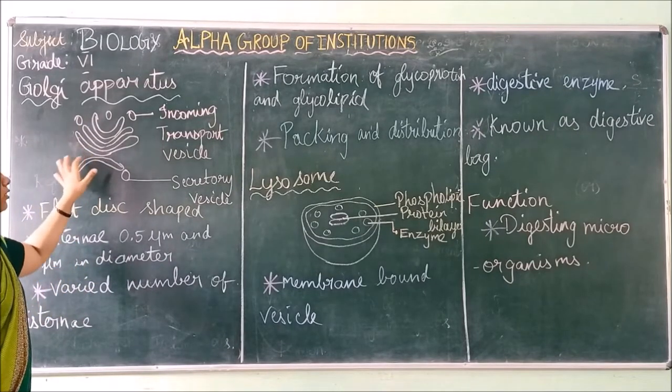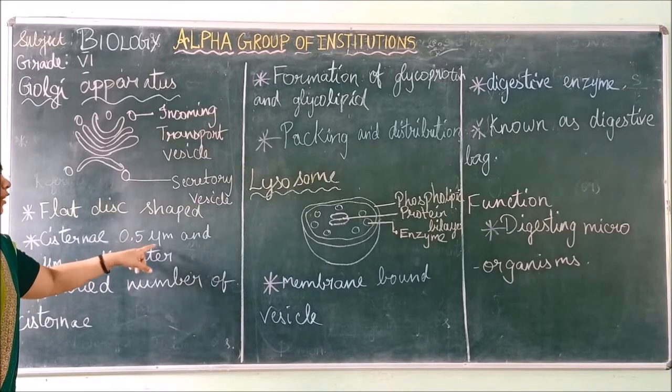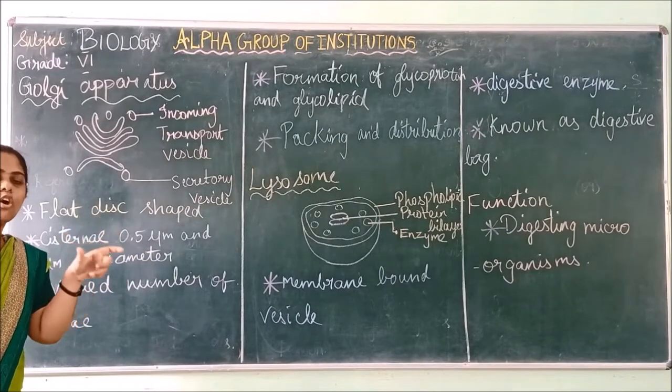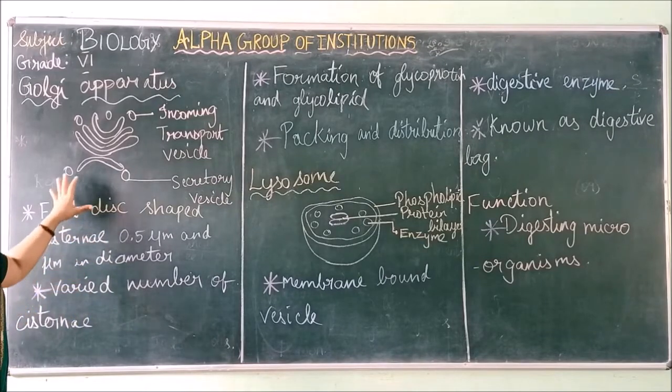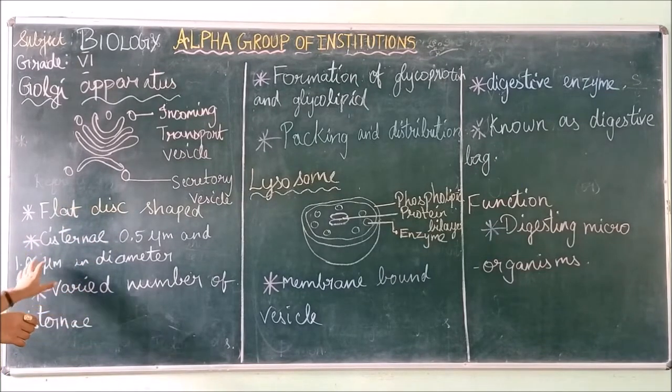The diameter of the cisternae will be around 0.5 micrometer to 1 micrometer.